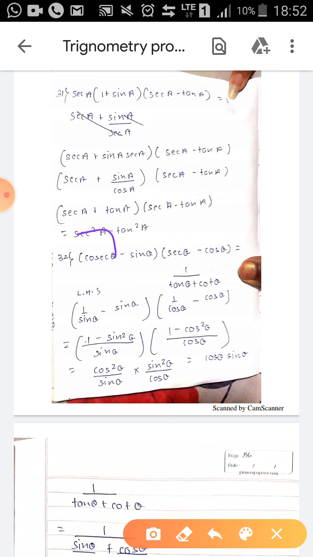I changed cosec theta to 1 by sin theta, and I changed sec theta to 1 by cos theta. I didn't have any idea that I was going to get the answer with this. I just went with my instinct, and the sum solved. So whenever you try to do a proof, don't think that I know more than you.